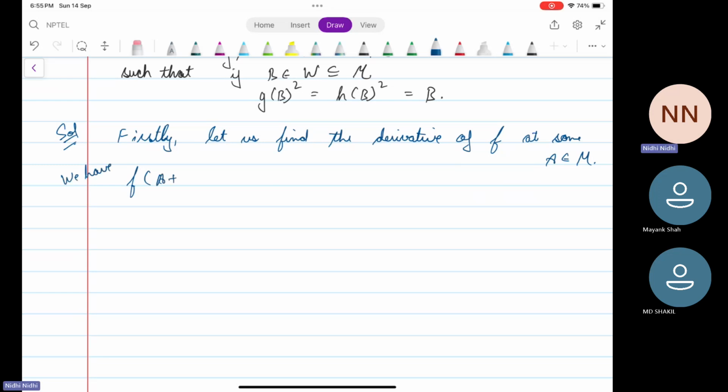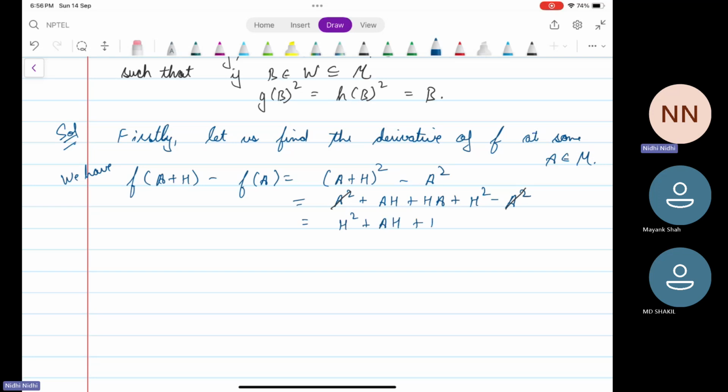So we have f of A plus H minus f of A. This is nothing but (A plus H) square minus A square. We know that by algebra of matrices, this will be A square plus AH plus HA plus H square minus A square. This is H square plus AH plus HA.